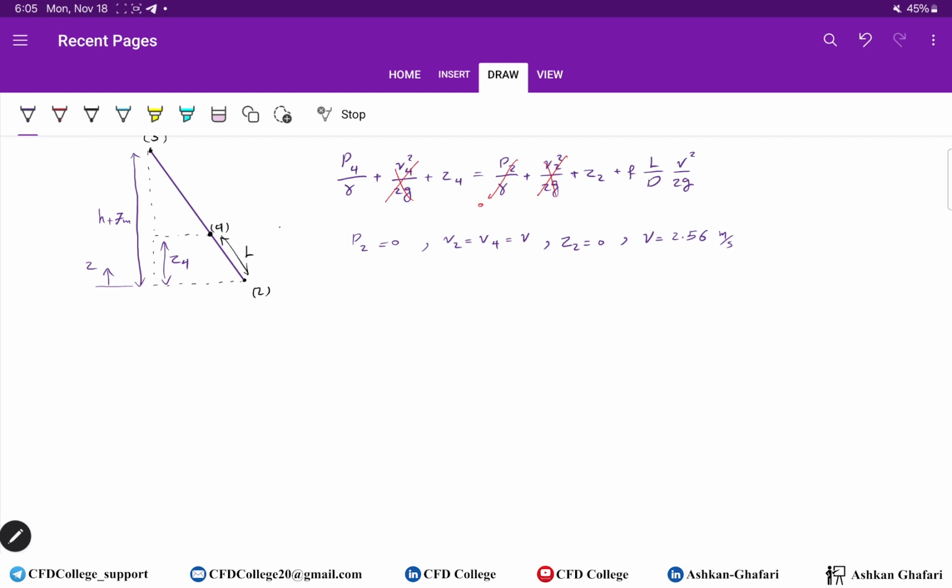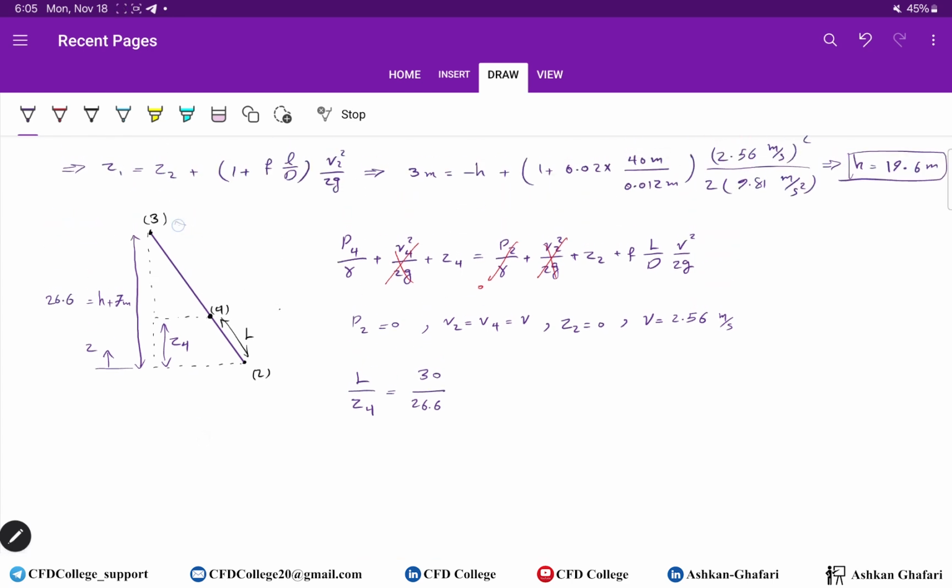So if we use this triangle, we can understand that L over Z4 equals 30 over 26.6, h plus 7 is 26.6, and the total length from point 3 to point 2 is 30 meters.